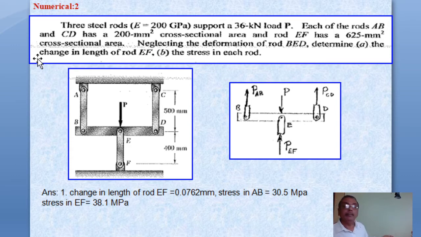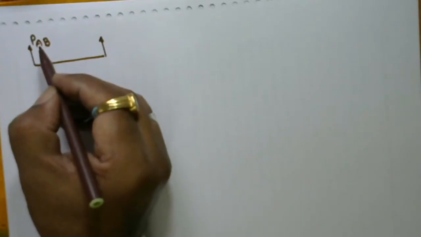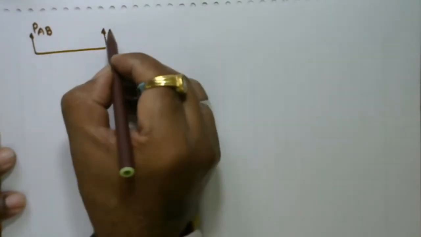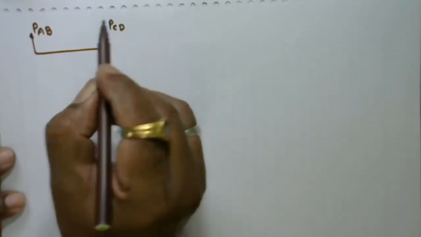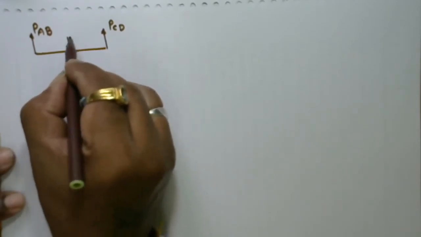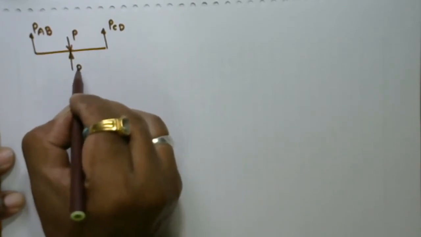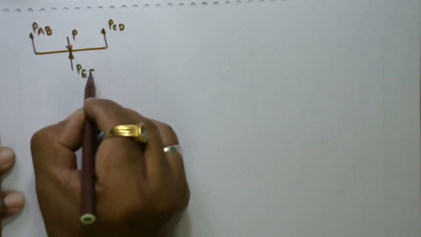Okay, now FBD, free body diagram, we may say here, according to that free body it is in that manner. PAB, at point CD that is PCD, at center force P is acting, and at point E another reaction force, that is PEF, is acting.